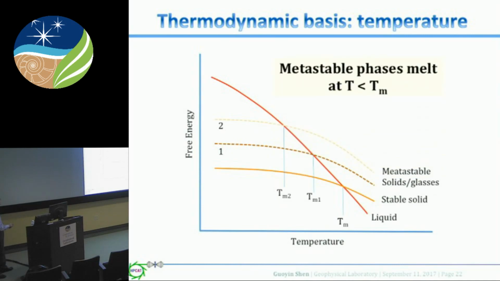So the metastable phases always melt at temperatures below the melting temperature. A typical case is glass. Glass is a metastable solid, and the glass transition is always below the melting temperature. Thermodynamically, that is reasonable. It also supports that metastable melting can appear widely if metastable solids are involved.